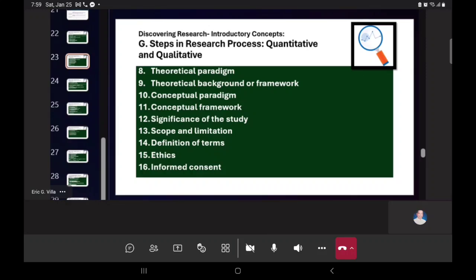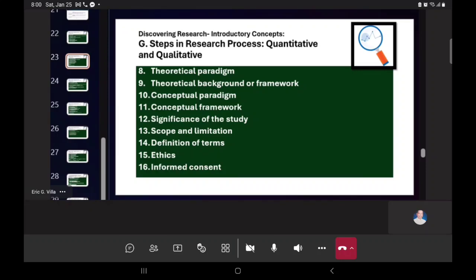The conceptual framework translates theoretical concepts into operational terms, showing how variables will be measured and analyzed. It provides a practical roadmap for implementing the research design and collecting data.